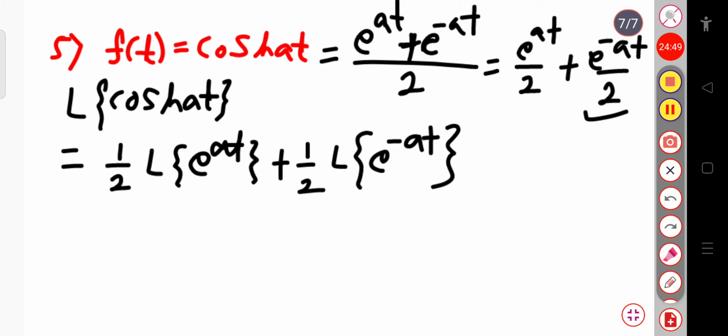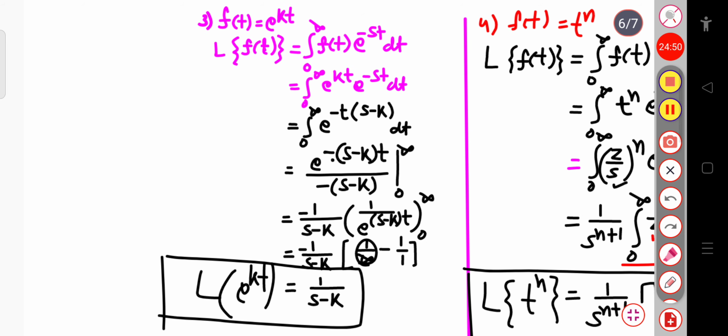Now here you can see that for the function exponential kt, the Laplace transform of exponential kt is equal to 1 by s minus k. The Laplace transform of exponential of any constant times t will be equal to 1 by s minus that constant.